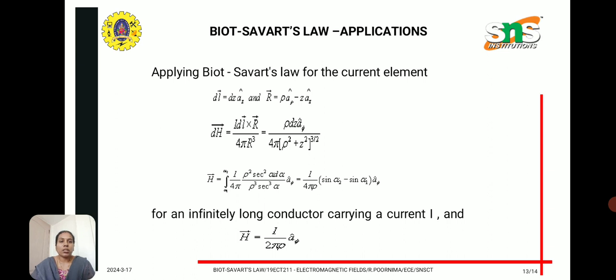So we get I divided by 4 pi rho, into sin alpha 2 minus sin alpha 1. It is calculated from the previous diagram. And for an infinitely long conductor, we can obtain the H vector as I divided by 2 pi rho. So this is a very important relation for the infinitely long conductor.